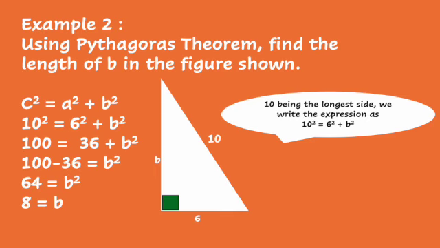When we solve for b, we get b square equal to 64. That gives us b equal to 8. Simple. So here the highlight is we need to write the expression correctly. 10 being the longest side, we write the expression as 10 square equal to 6 square plus b square and then solve for b.